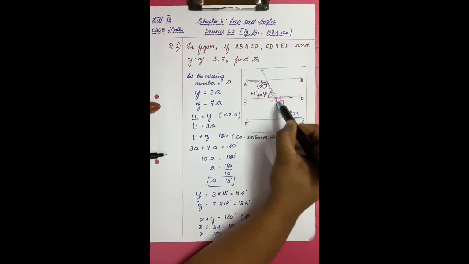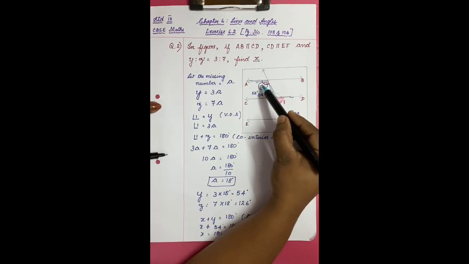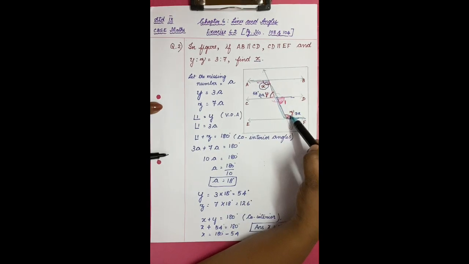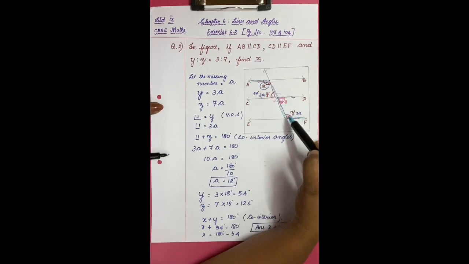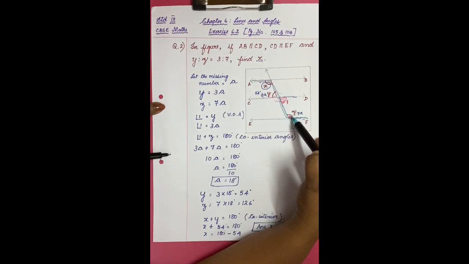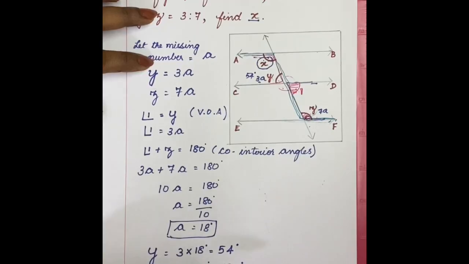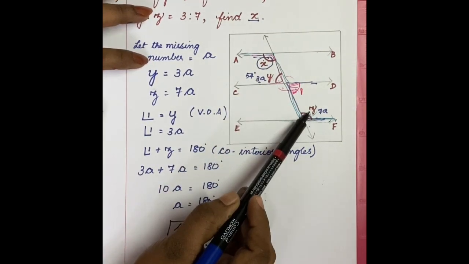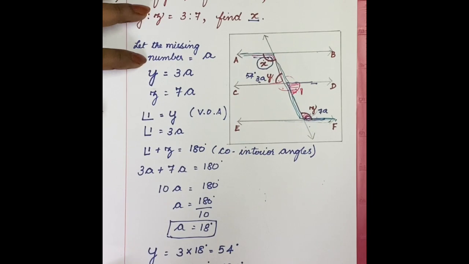Then there is a big Z, and now what can you say about this missing angle X and missing angle Z? They are actually alternate angles between two parallel lines. So, X and Z are equal angles. That is the reason X is 126 degree and Z is also 126 degree.